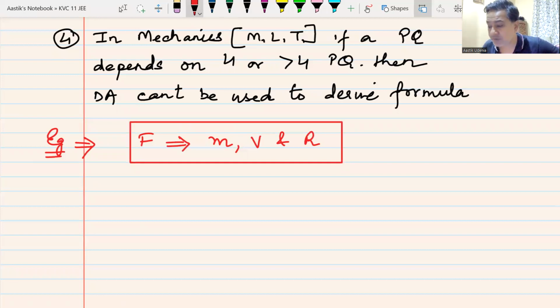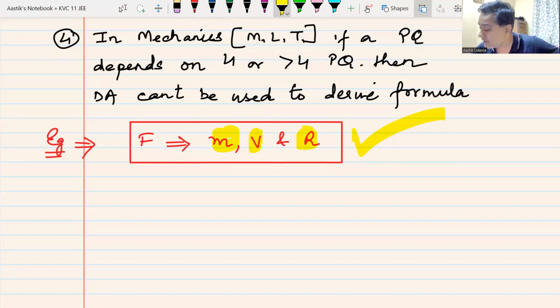Yes, it only depends on 3 quantities, 1, 2, and 3. We can use dimension analysis to find out a possible formula for this force.